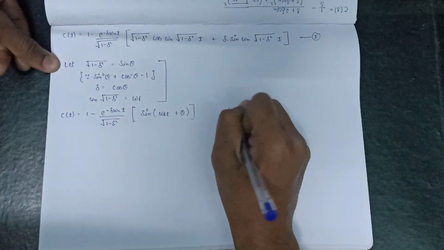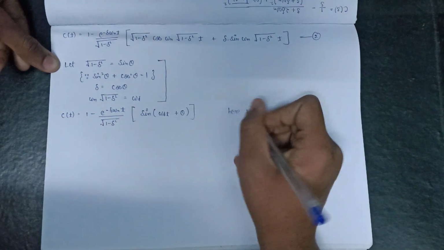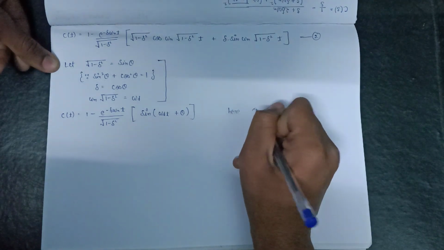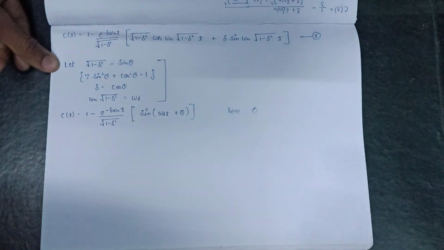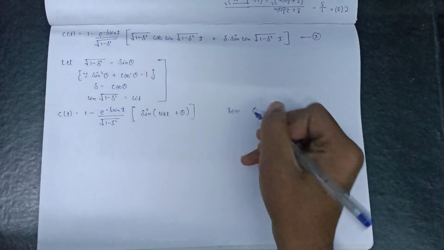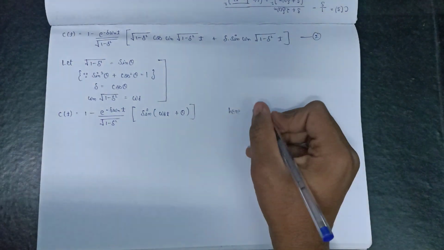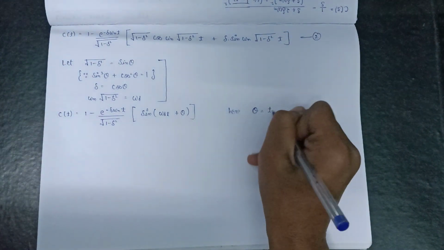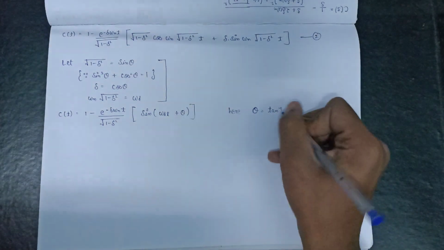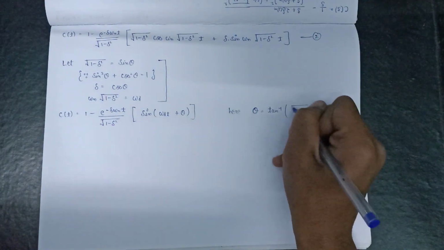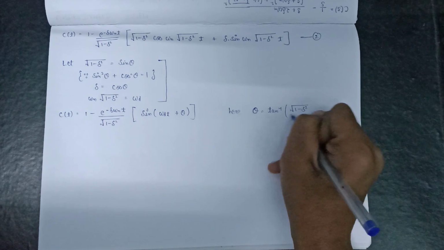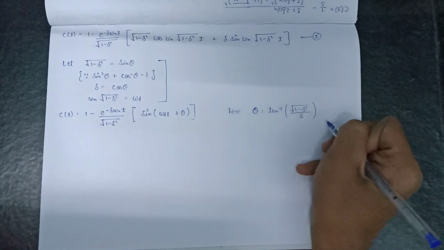and here theta is equal to tan inverse under the root 1 minus del square over del.